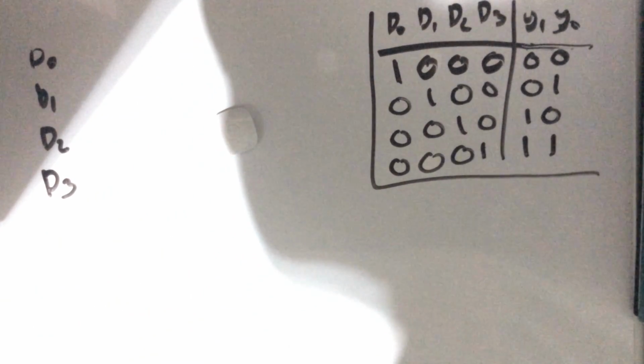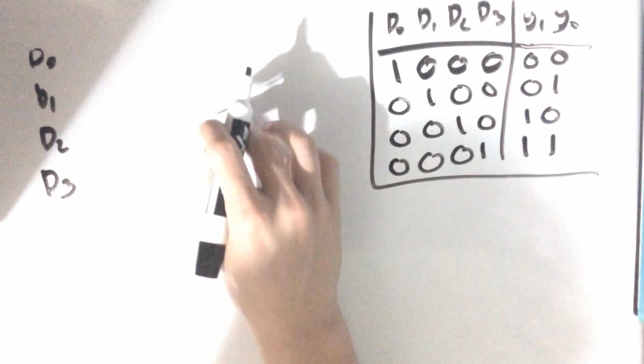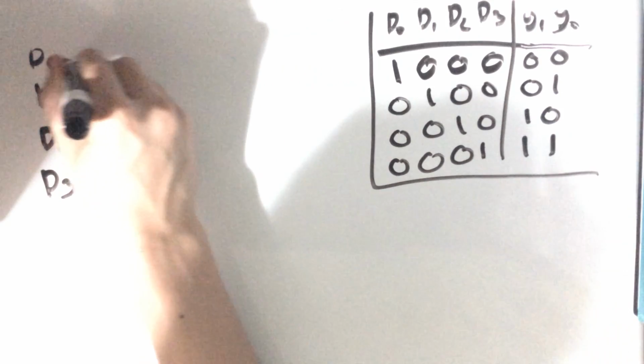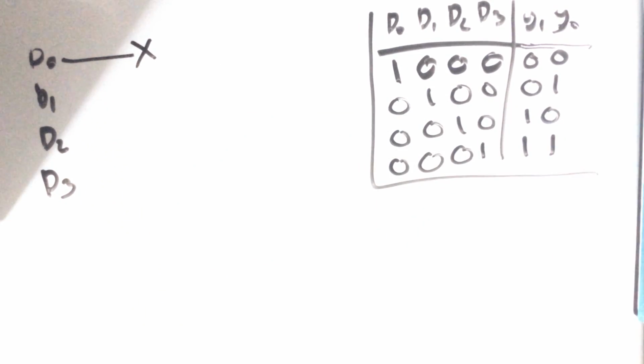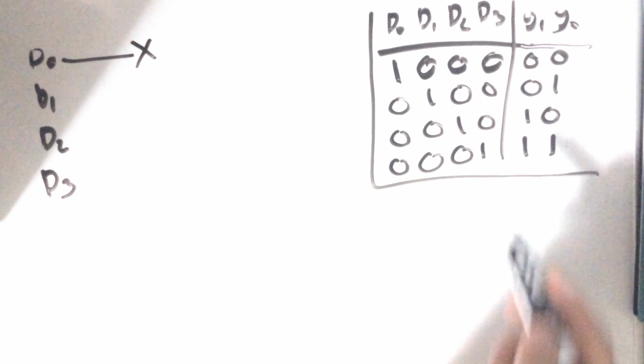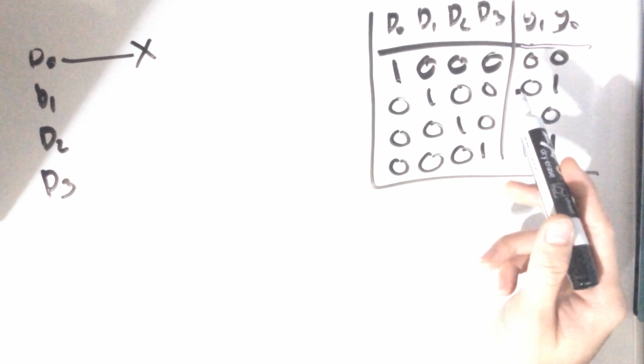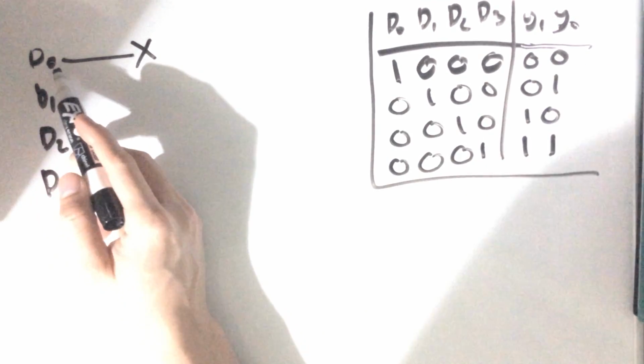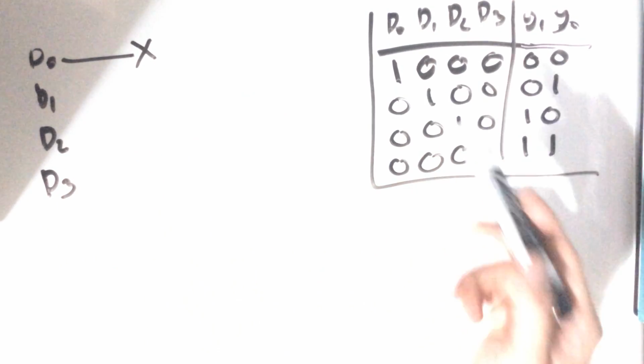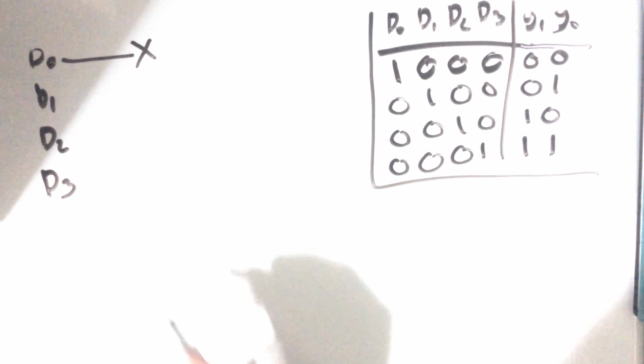D0 is going to be connected to nothing, because if you look at the truth table here, whenever D0 is set, its output is going to be 0, so we can just leave it as nothing.